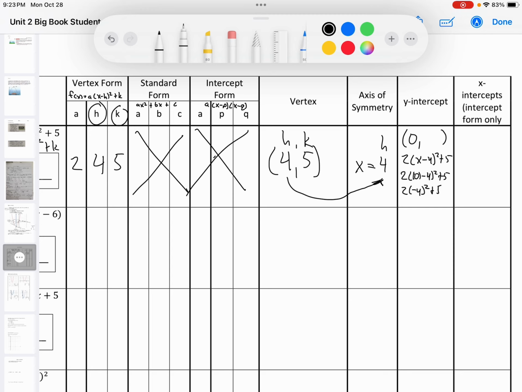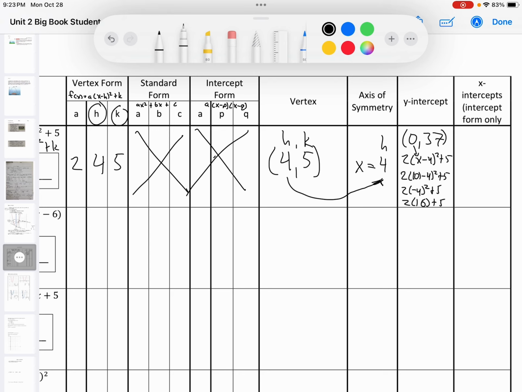Negative 4 squared is 16. That's going to give me 2 times 16 plus 5. 2 times 16 is 32, and plus 5 would give me 37. So my y-intercept is 0, 37. And again, I find that by substituting in 0 for x.